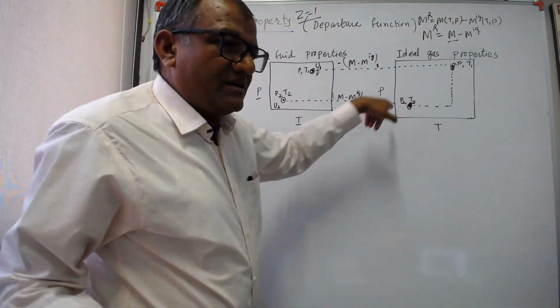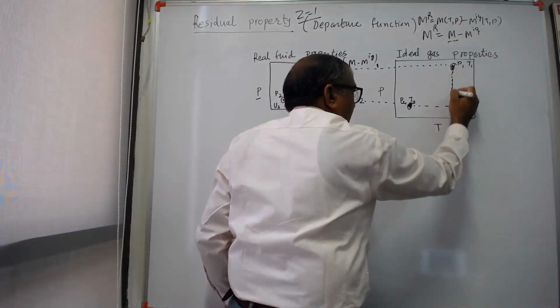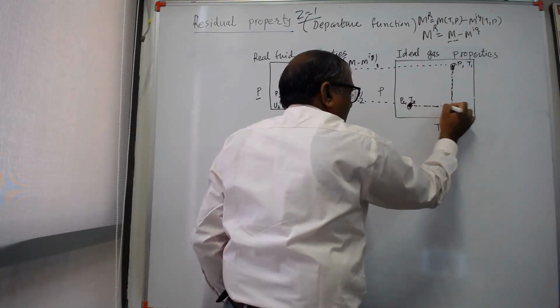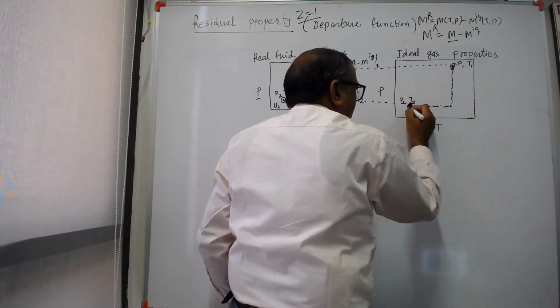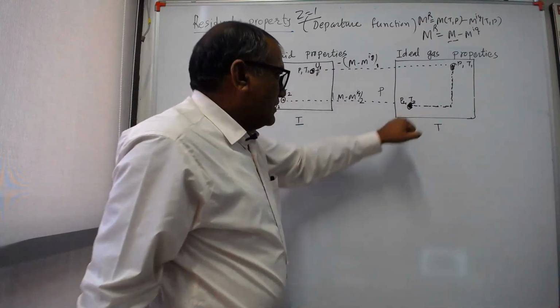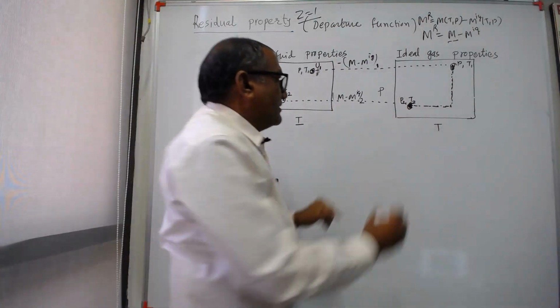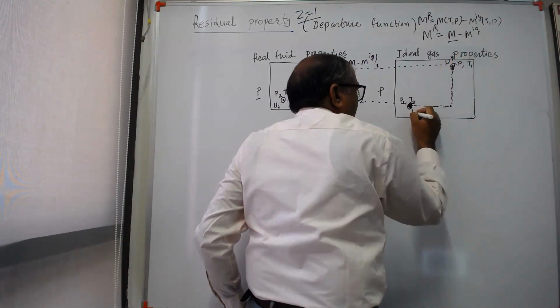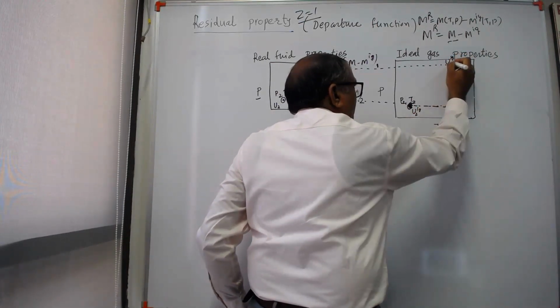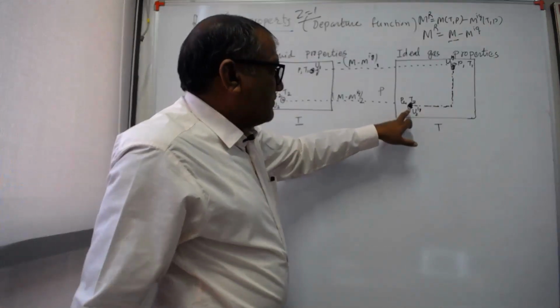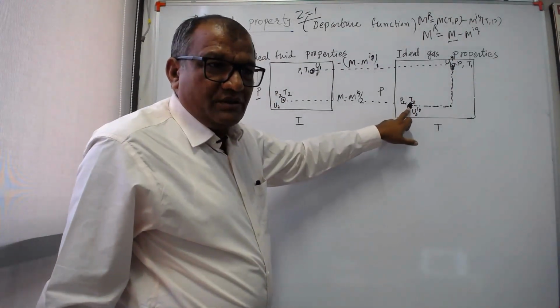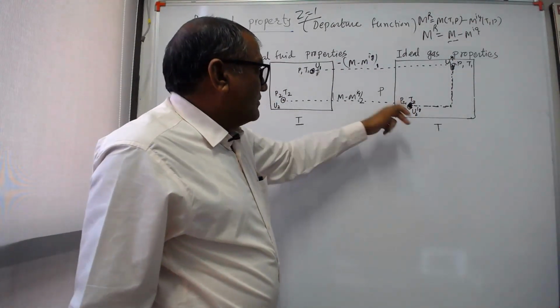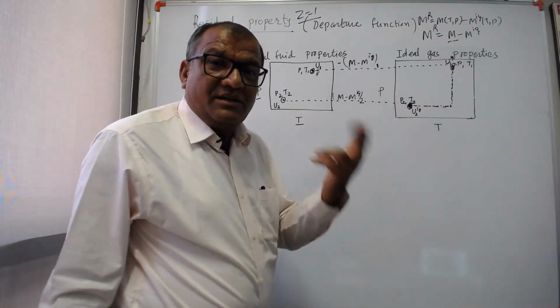So that difference we can easily calculate, and this would be the final state. So at this final state, we would be able to calculate U2^ig, U1^ig. This is the final state of internal energy, but we want the answer in real gas.